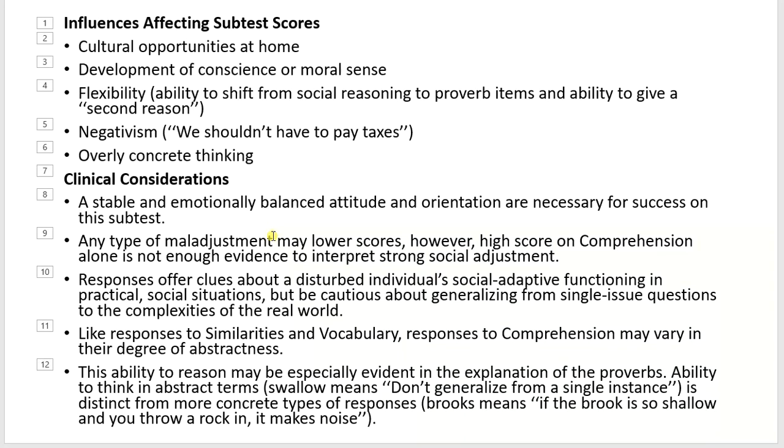Ability to think in abstract terms. Swallow means don't generalize from a single instance. Is distinct from more concrete response. Brooks means if brook is too shallow and you throw a rock, it makes noise.